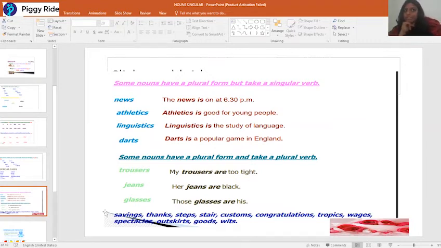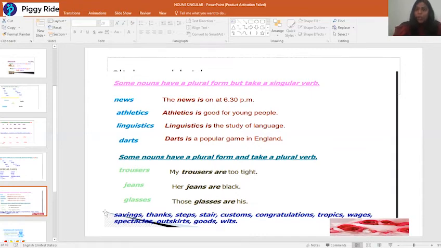Customs. The customs are quite high. Congratulations, heartiest congratulations, madam, for completing your course structure with our institute. Wages. The laborers are getting less wages for their work.